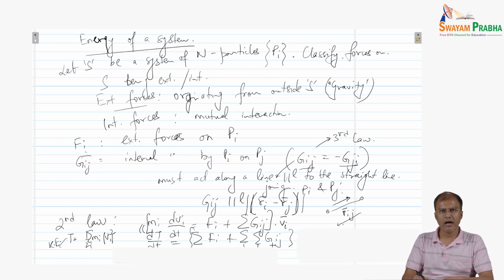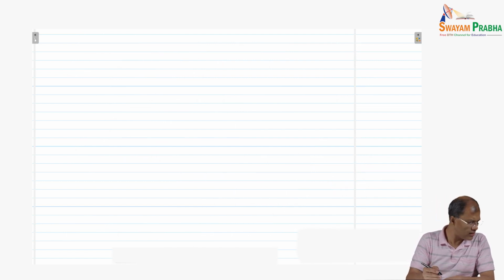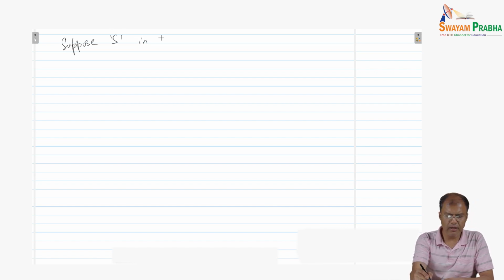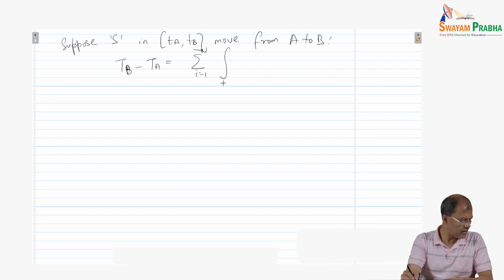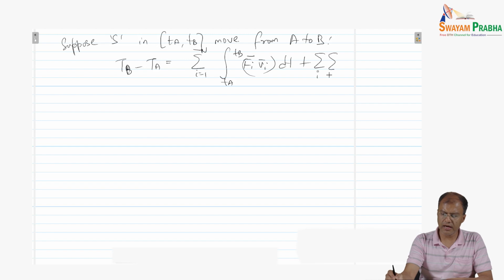So suppose the system S in the interval Ta to Tb moves from A to B. Then the work is the summation over i from 1 to n of the integral from Ta to Tb of Fi dot Vi dt, plus the summation over i, j of the integral from Ta to Tb of Gij dot Vi dt.